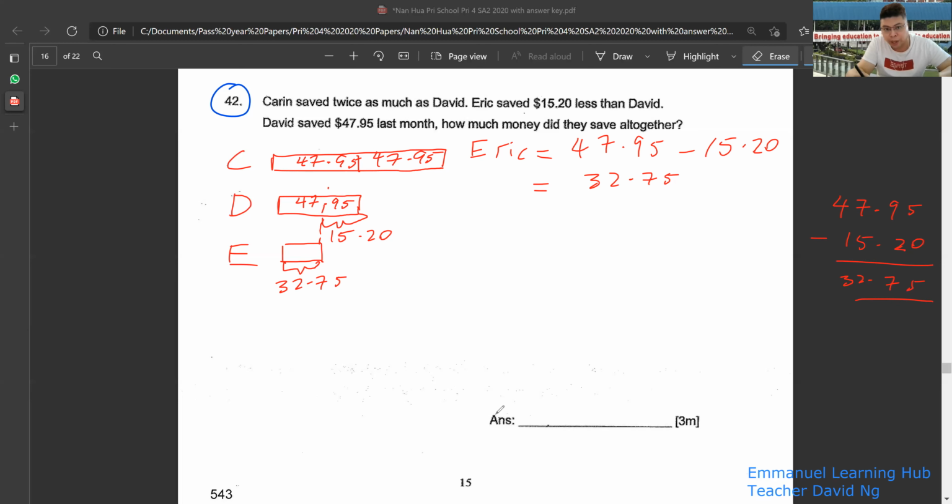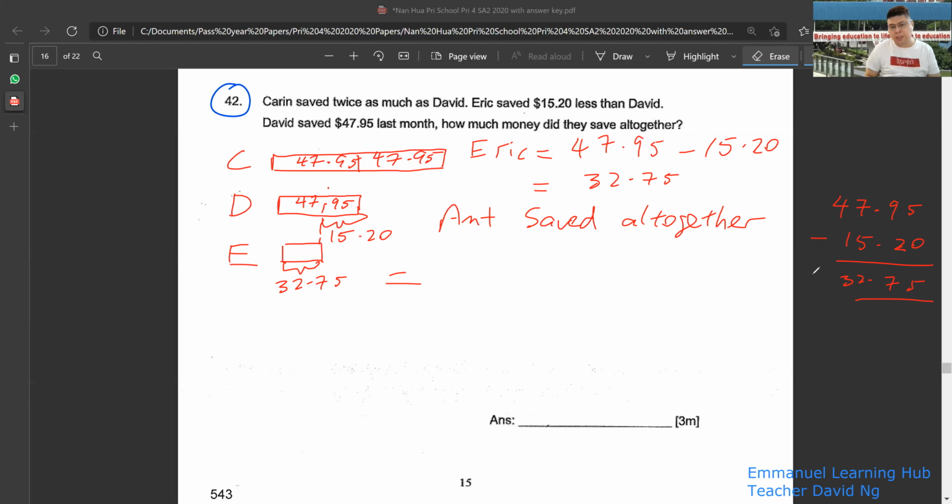Then how much did they save altogether? How to find the amount saved altogether? You tell me how to find.